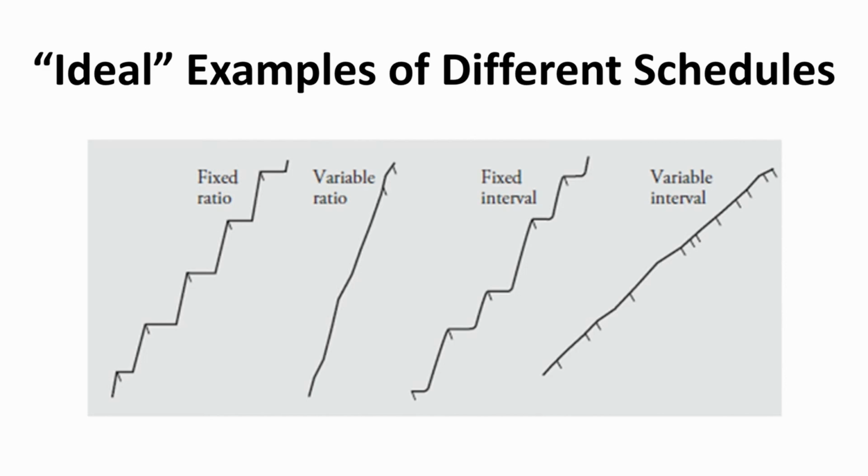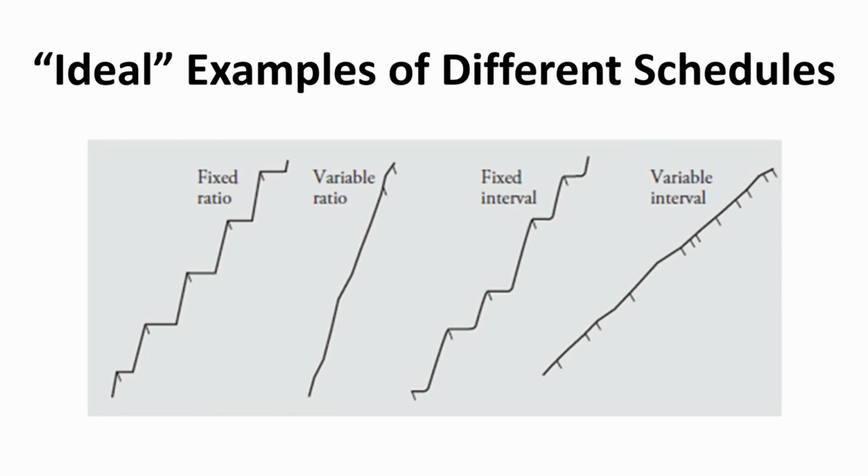To think about it, you might think of a limited hold as a restaurant that opens at 8 a.m., but they only serve breakfast until 11 a.m. If you don't come in and try and get food until 11:30, then you've missed out on your opportunity to get breakfast. So if too much time has passed, in a situation where there is a limited hold on that schedule of reinforcement, they may not be able to get reinforcement after that option has expired.